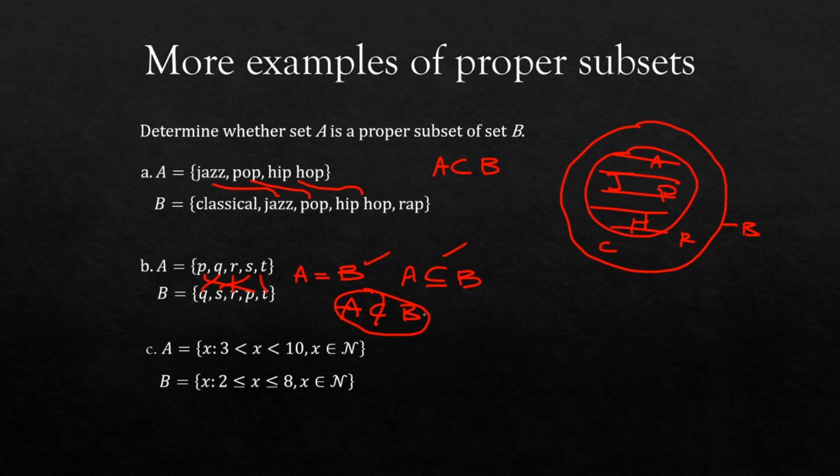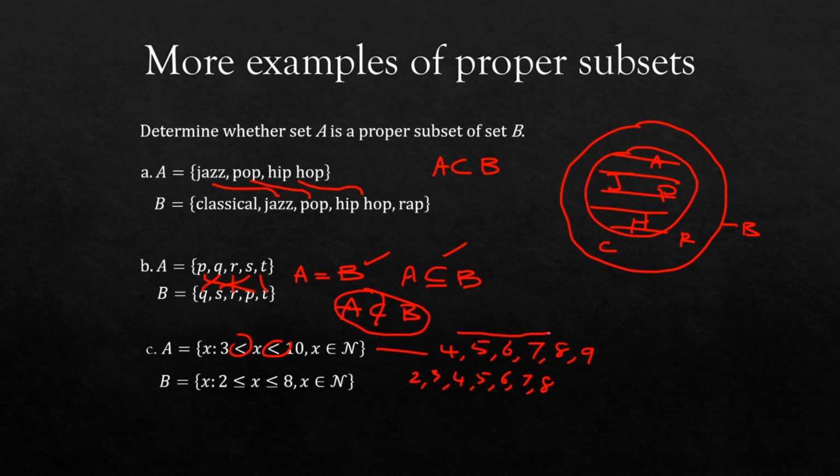Those two are okay. In question C, we have the natural numbers between 3 and 10. So that would be from 4 to 9, not including the end elements, okay? And this is the natural numbers between 2 and 8, but including 2 and 8. So 2, 3, 4, 5, 6, 7, 8.